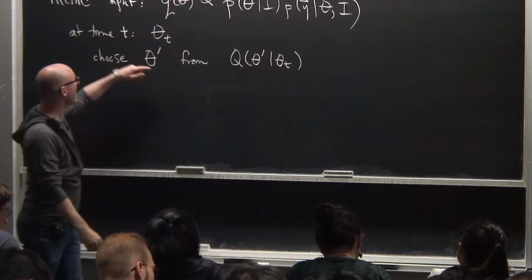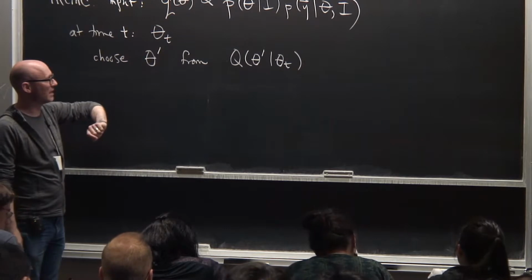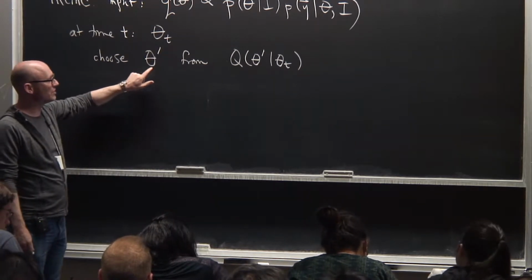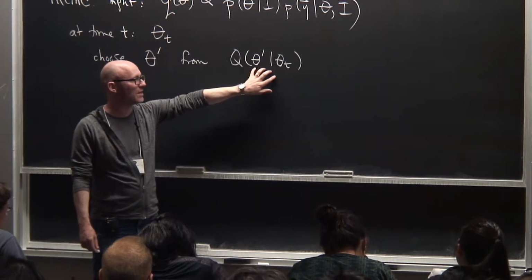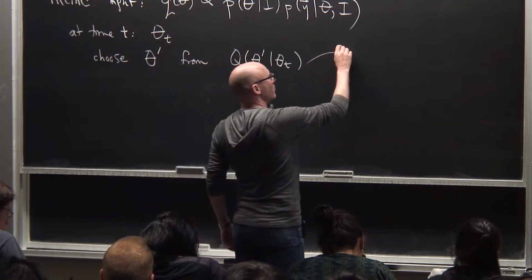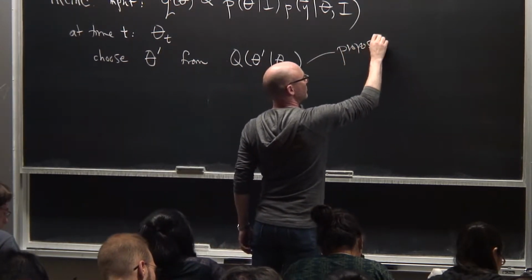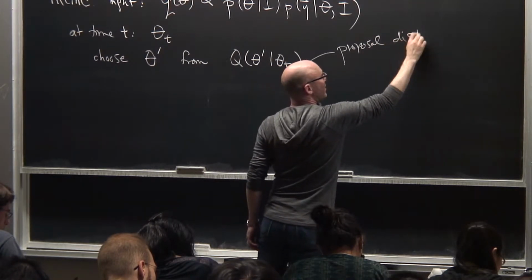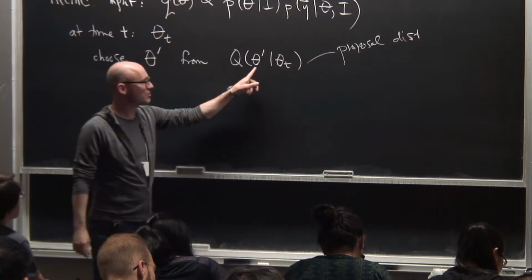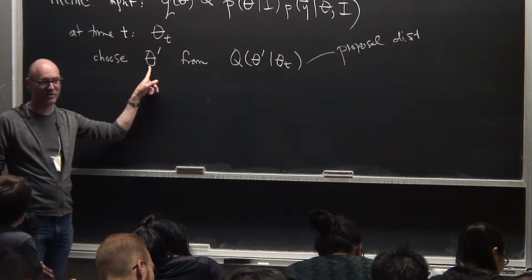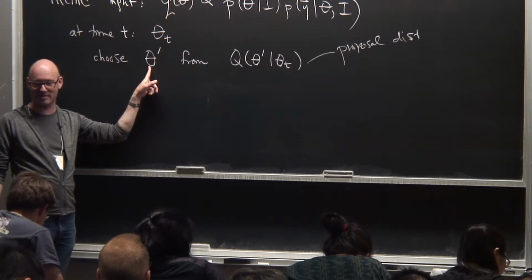So at time t, I have parameters theta t. Now I choose a new set of parameters from some probability distribution. We'll call this the proposal distribution. Why am I calling it the proposal distribution? Because this is a distribution that makes proposals for new parameters that I might consider.